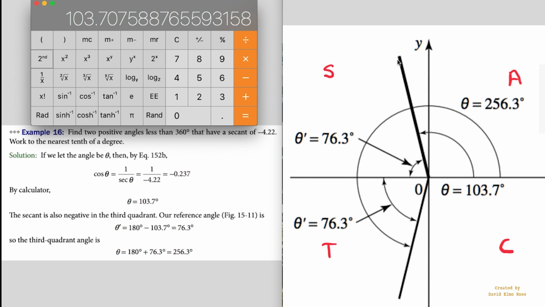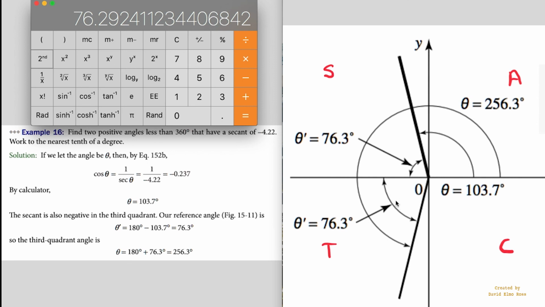But as we saw, we have to drop a perpendicular down here to the x-axis to find the reference angle, which is this one here. And to find that, we're going to have 180 minus the 103.7. So let's do a change sign here and add 180. So our reference angle really is 76.3 degrees. So we know that 76.3 is here, and the other angle that we want is 76.3 here.